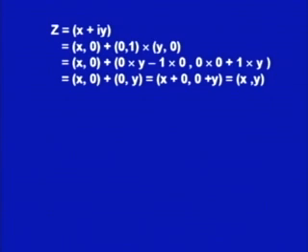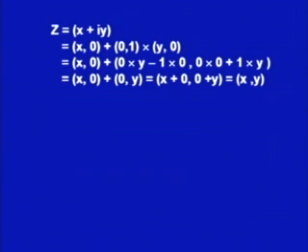This will be equal to (x, 0), that is x + i·0, plus the product of these two complex numbers, which will be 0·y − 1·0 as the real part, and 0·0 + 1·y as the imaginary part.